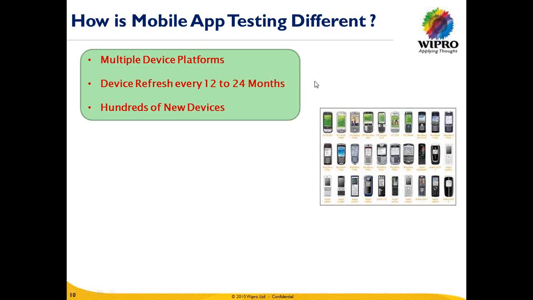Some 12 or 24 months back, we had iOS 5, then iOS 6, then iOS 7. If you see Android, we started with 2.0, then came 3.1, 3.2, then 4.1, 4.2. So the device refresh keeps increasing every 12 to 24 months.